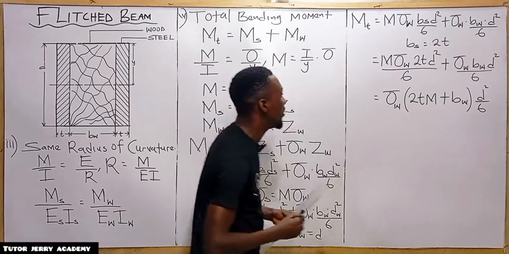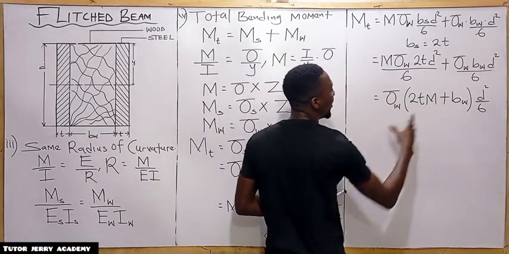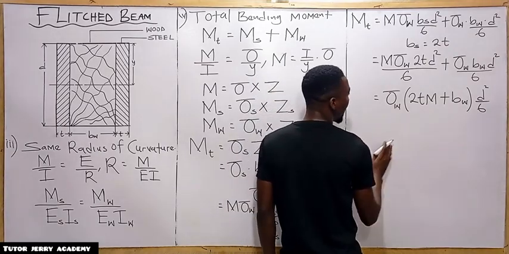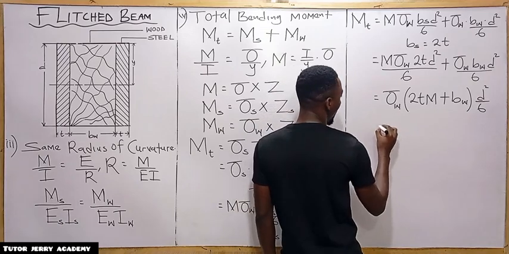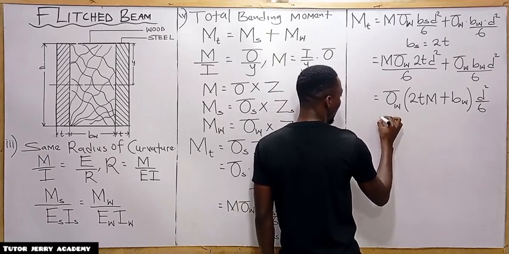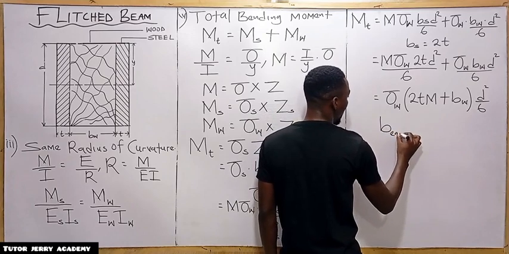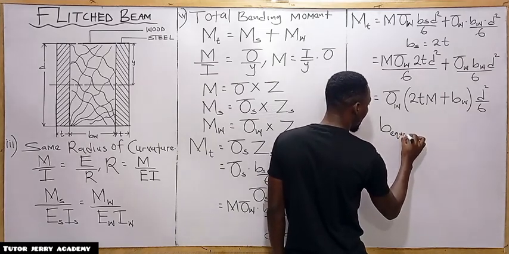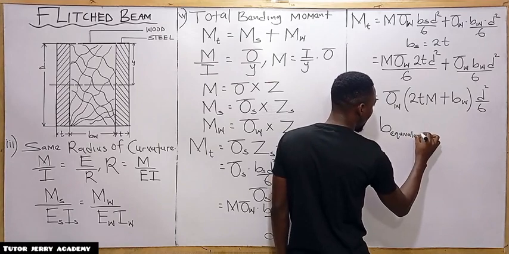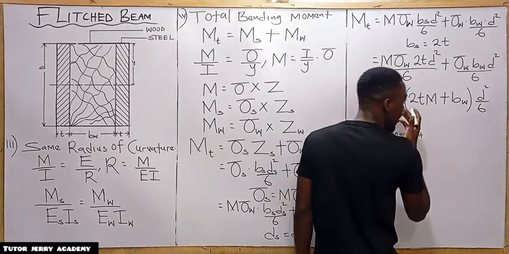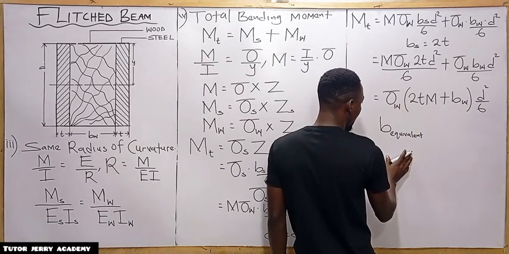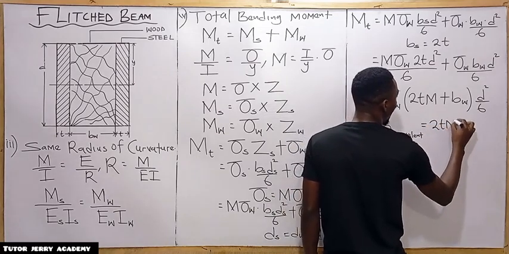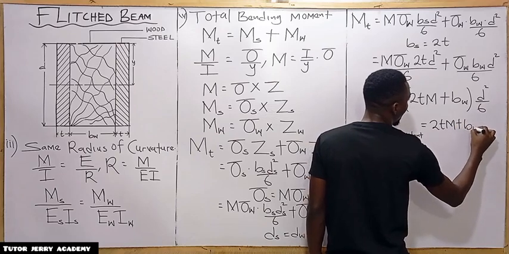All right, so this is what we are going to have. So everything here is B equivalent. So B equivalent is equal to 2tm plus B subscript W.